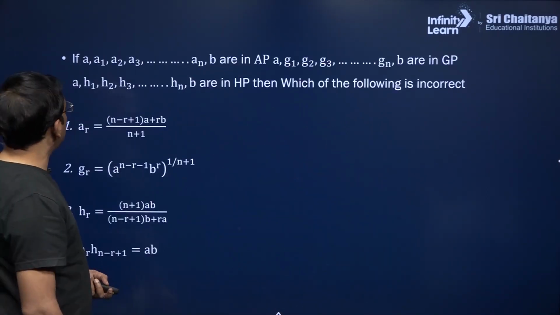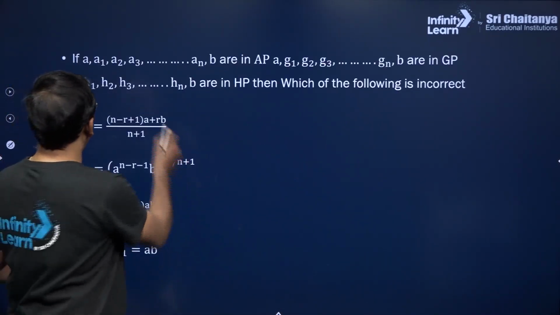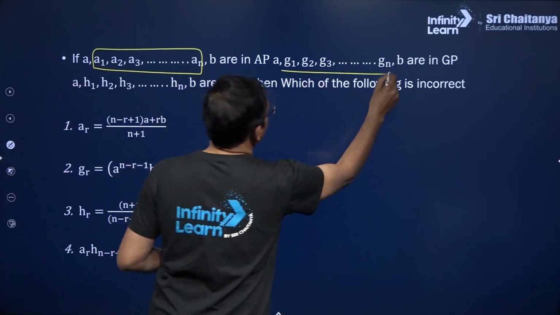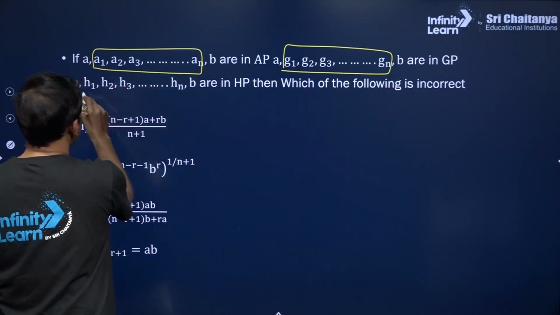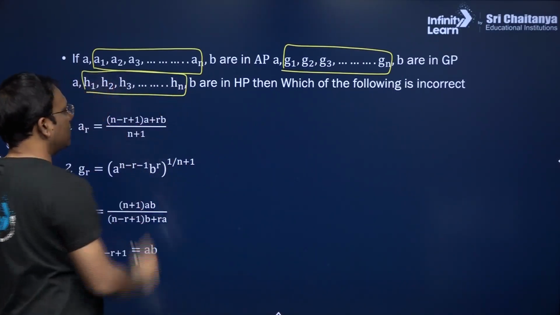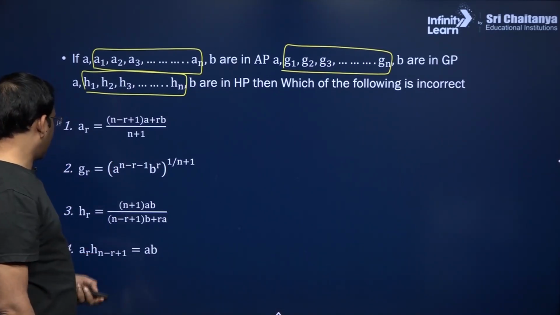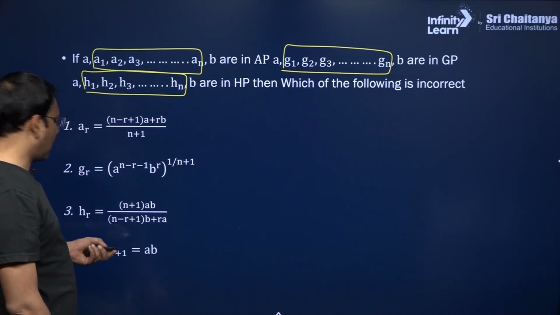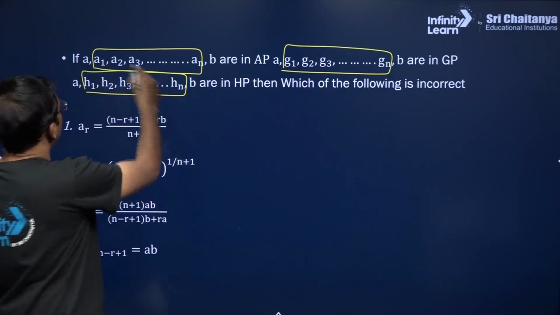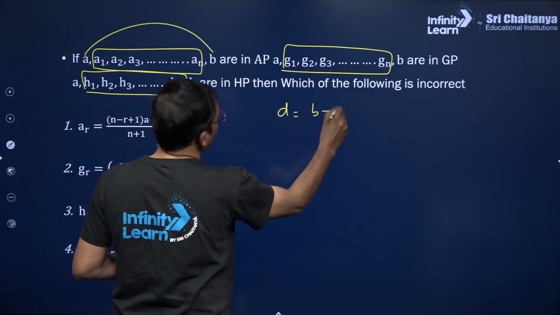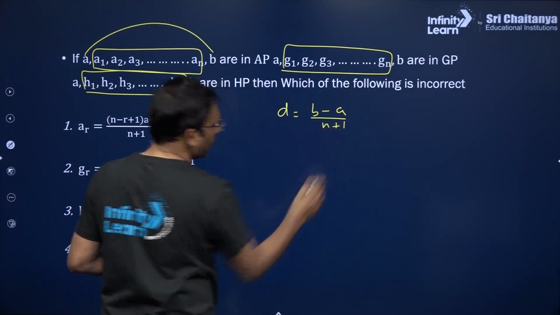Next, friends, you see between A and B n arithmetic means are kept. Between A and B n geometric means are kept. Between same A and B n harmonic means are kept. He is asking about rth arithmetic mean, rth geometric mean, rth harmonic mean, kind of. You see, my dear friends, if n arithmetic means are kept, common difference is equal to (b minus a) by (n plus 1), first point.